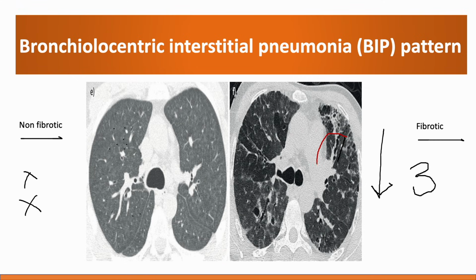So there is reticulation and traction bronchiectasis. You can see traction bronchiectasis. You can also see the three density pattern, different densities here.